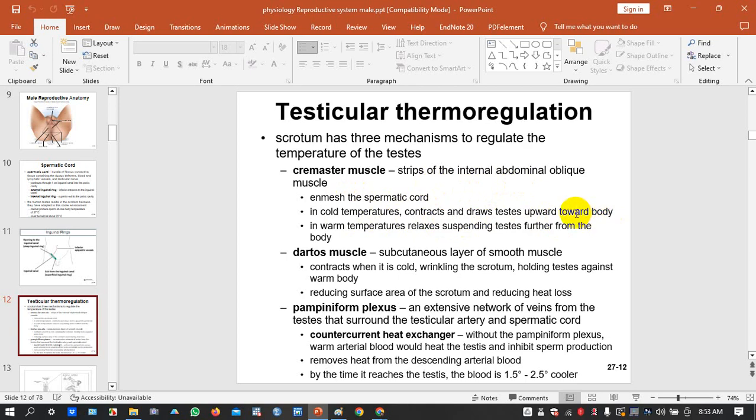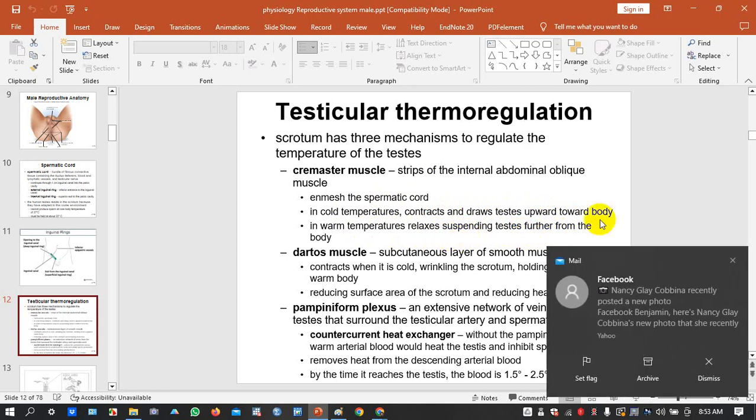When the environment is very cold, the cremaster muscle draws the testes upwards towards the body. In warm temperatures, the cremaster muscle relaxes, suspending the testes further from the body so that they will not encounter the heat of the body.